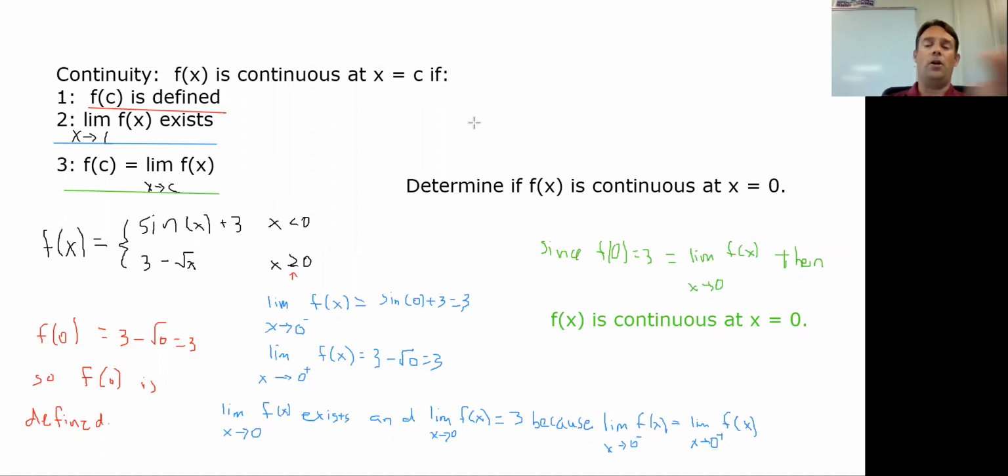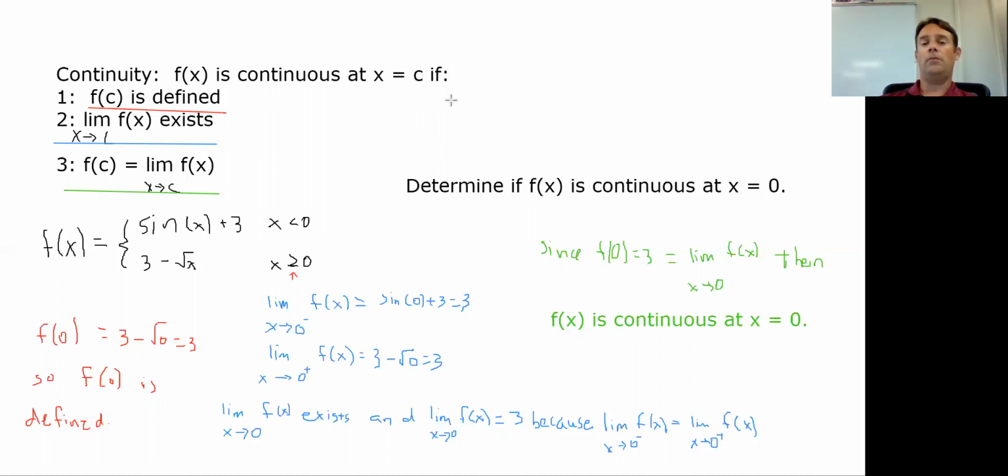At any point, if it fails one of these three characteristics, then our function is not continuous at that x value. It has to meet all three characteristics. And if it does, then we have ourselves a continuous function.